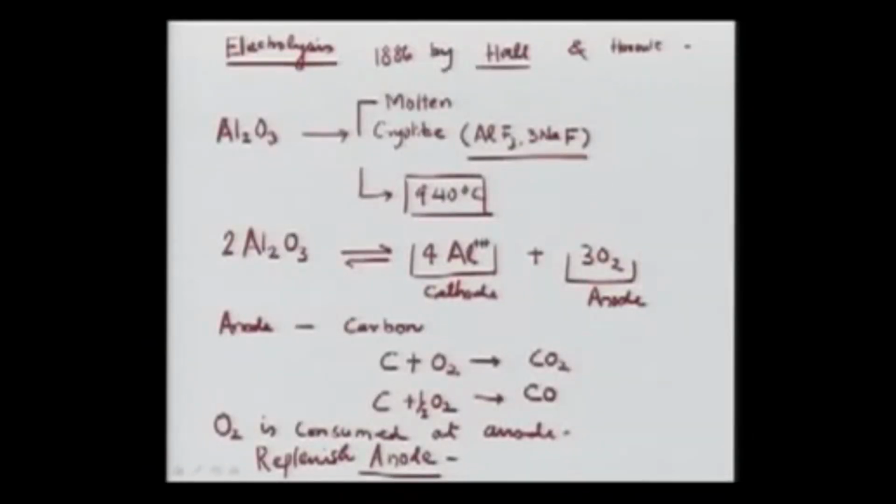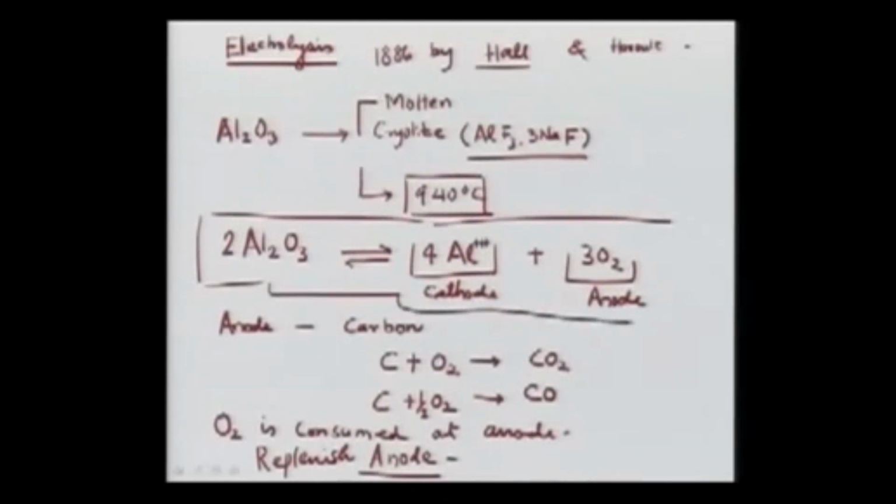If we further divide it, we need the electrolytic cell, we need this process to go on. But we also need to produce the anode, let's not forget that. Why? Because the anode is continuously being consumed.